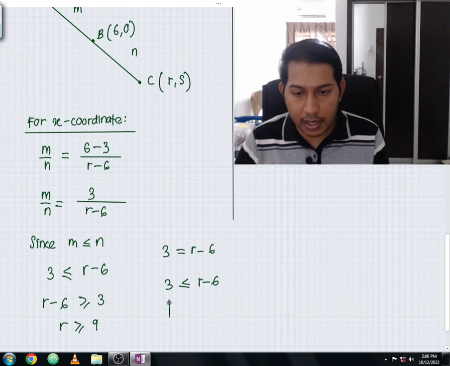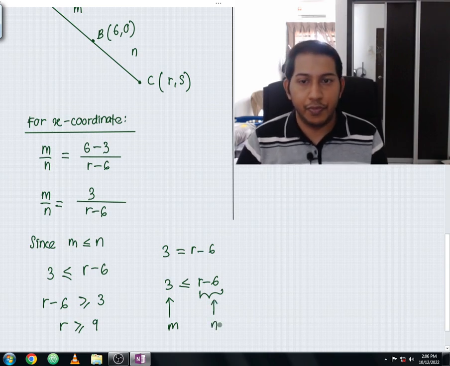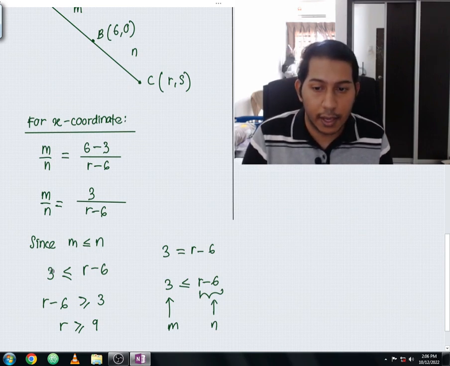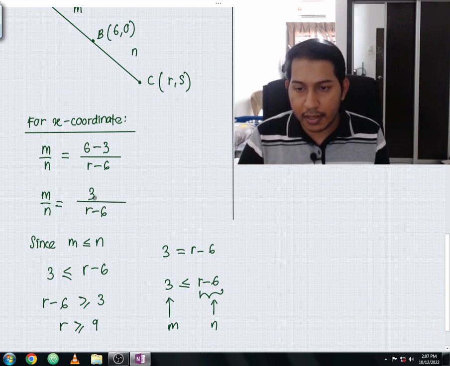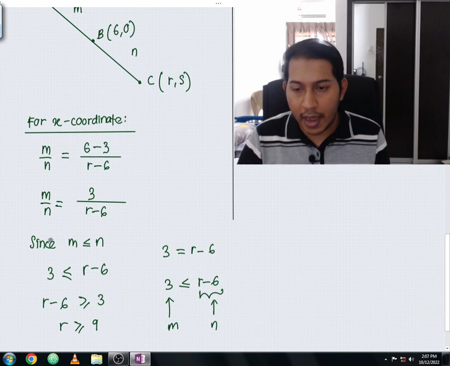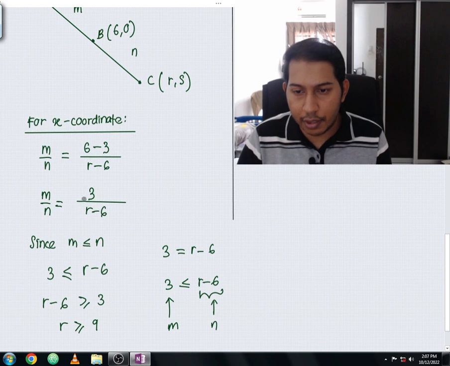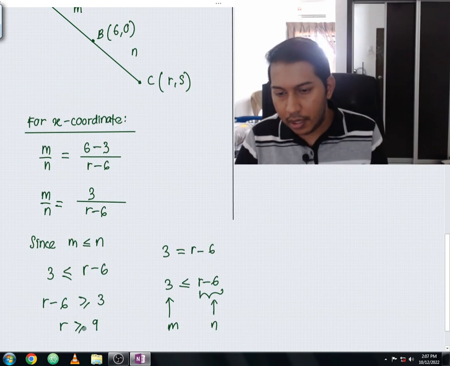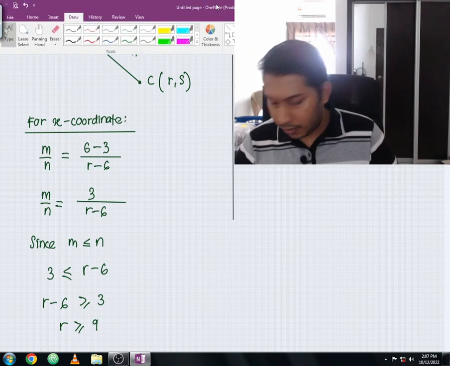This 3 is representing the variable M, and this R minus 6 is representing the variable N. This is the explanation of why I come up with this equation. Because with fractions, it's a straight comparison: M divided by N is equal to 3 over R minus 6, and they already gave us the special condition that M is less than or equal to N. So 3 will be less than or equal to R minus 6. That's how we get our first range: R is more than or equal to 9. Let me underline the first solution.